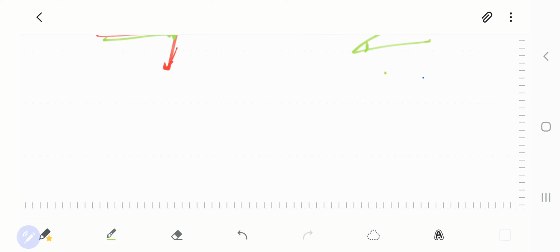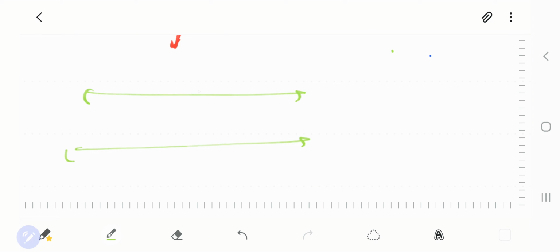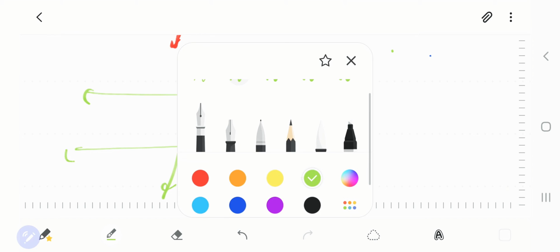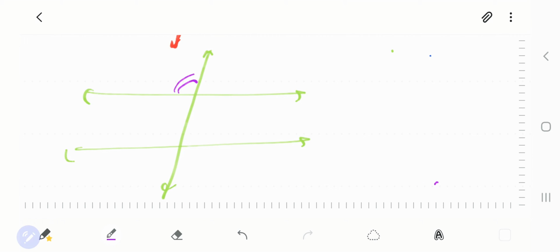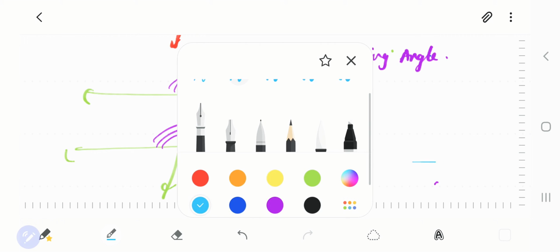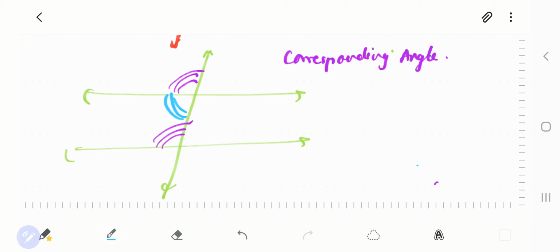Clear? If I am getting you these two parallel lines and this as a transversal, then my dear kids, this angle will be equal to this angle, that is, they are called as corresponding angles. And this angle will be equal to this angle.